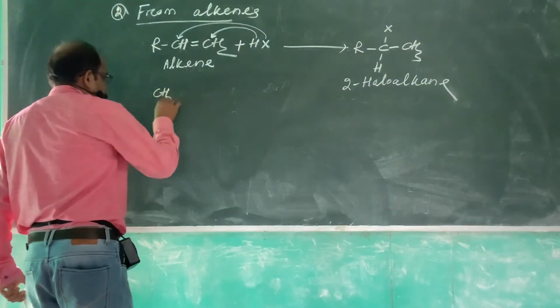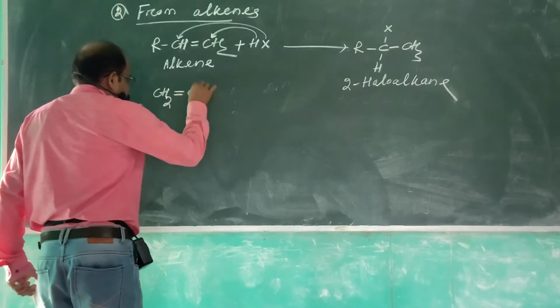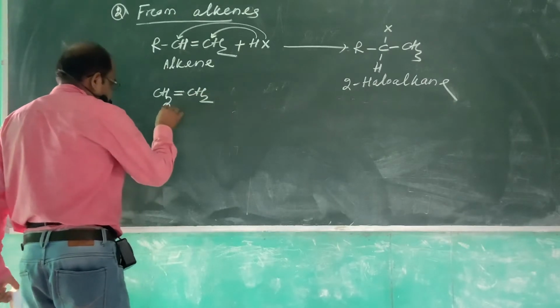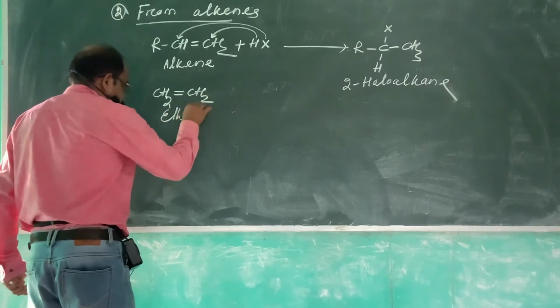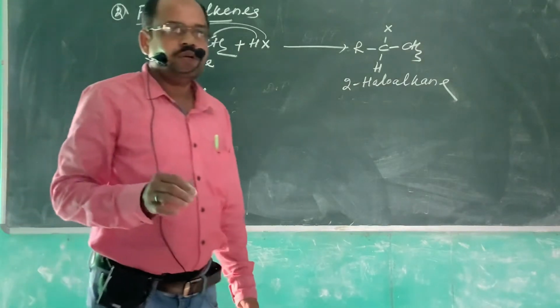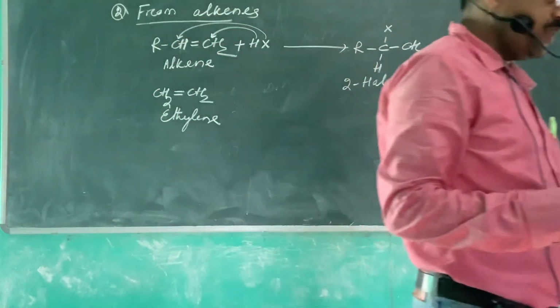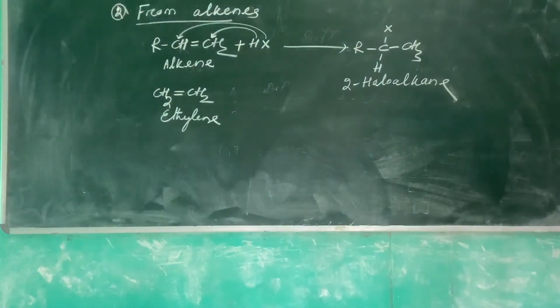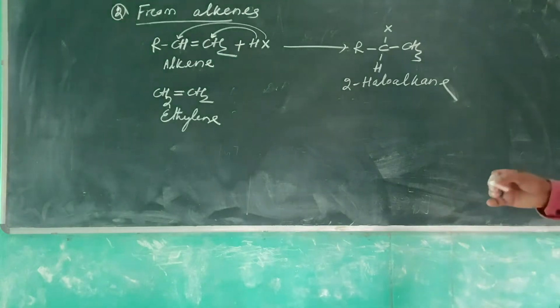Let us consider a symmetrical alkene, that is ethylene. When equal number of carbon and hydrogen atoms are present on both sides of a carbon-carbon double bond, then we get symmetrical alkene.